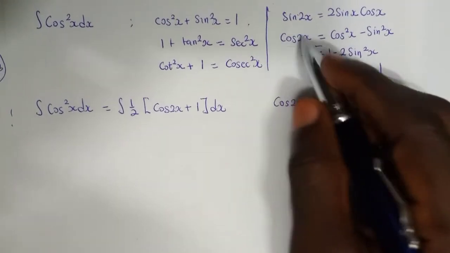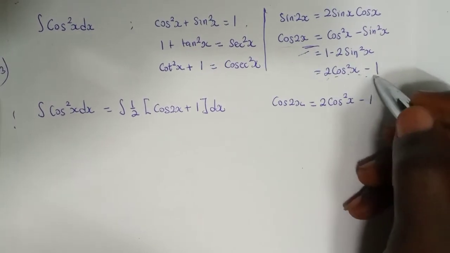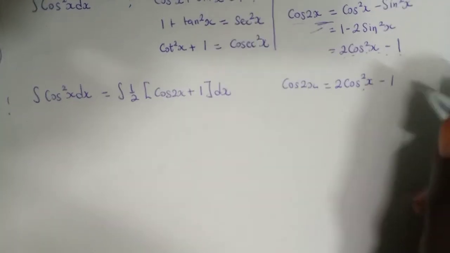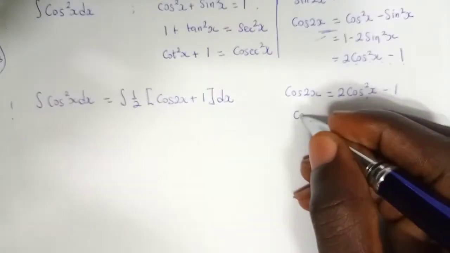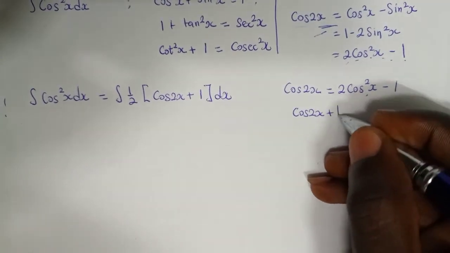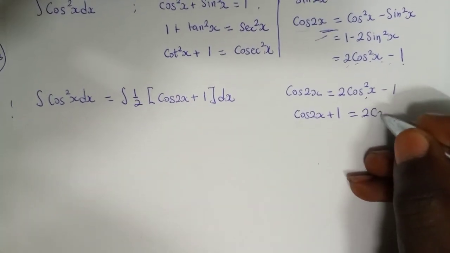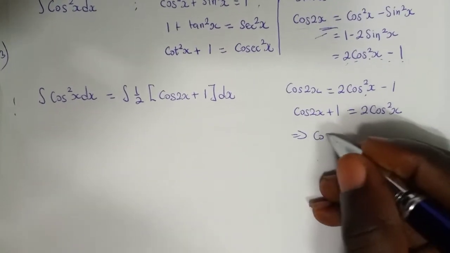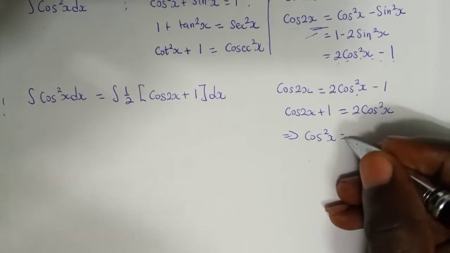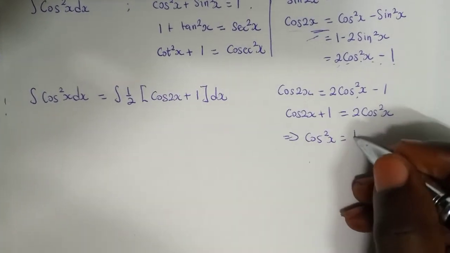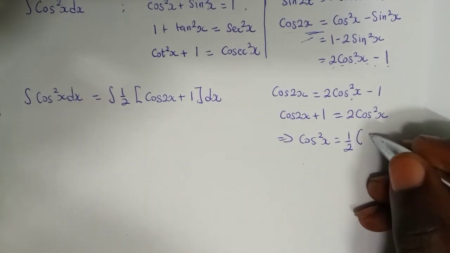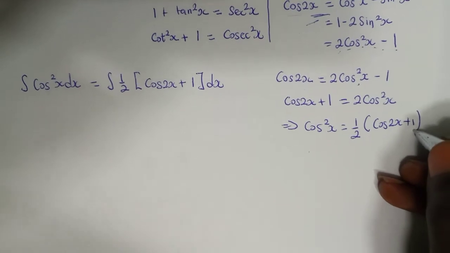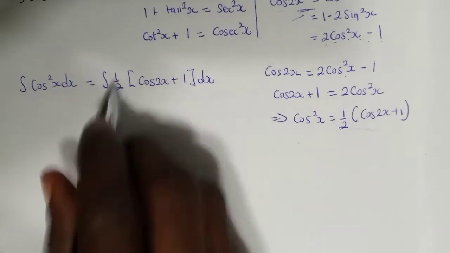So making cos square x the subject, we are going to get cos 2x plus 1 equals 2 cos square x. So this implies cos square x equals, dividing both sides by 2, 1 out of 2 times cos 2x plus 1. So that's what we have here.